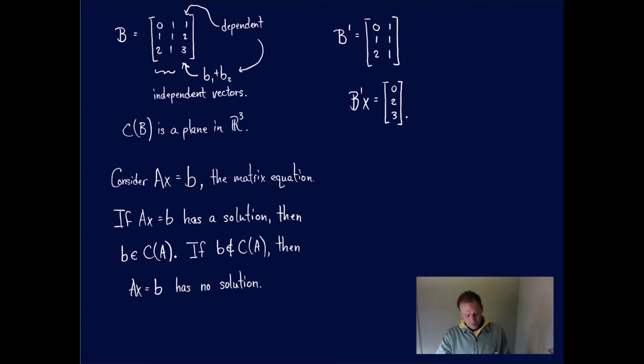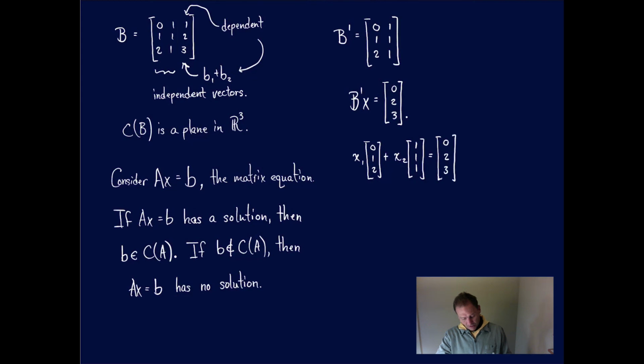Well, in other words, we need a linear combination that says x1 times 0, 1, 2 plus x2 times 1, 1, 1 has to give me the vector 0, 2, 3.